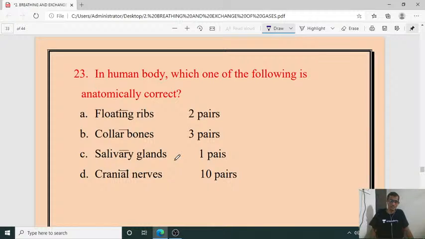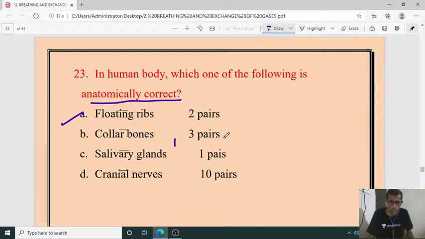And 23rd. In the human body, which one of the following is anatomically correct? Floating ribs 2 pair, collar bones 3 pair, salivary gland 1 pair, and cranial nerves 10 pair. So here, floating ribs 2 pair is the right one, anatomically correct.